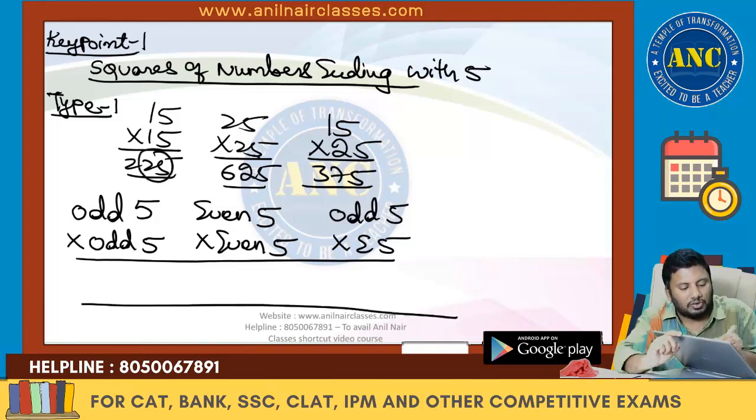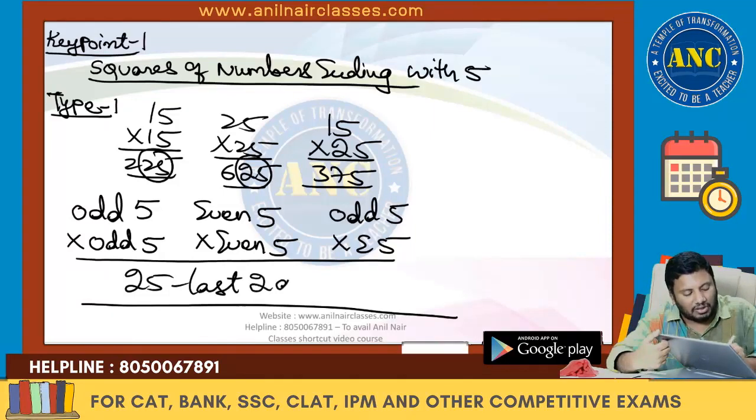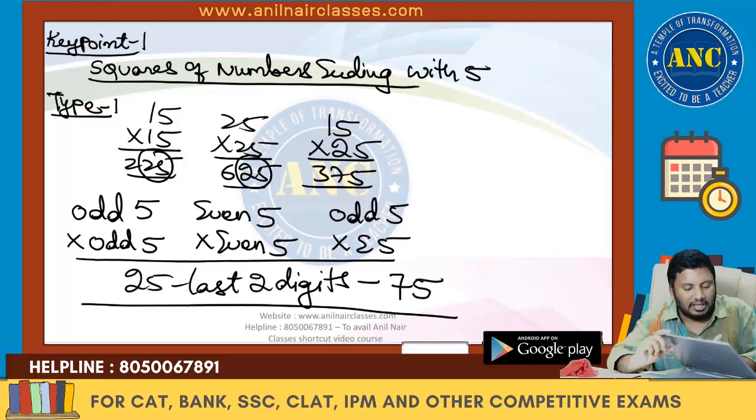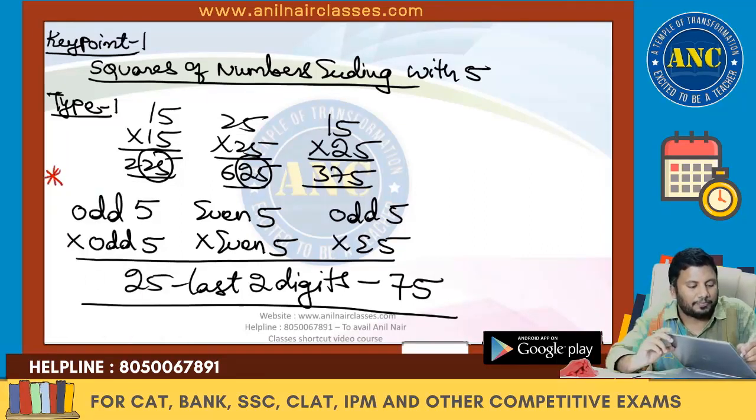In the first two cases, what are the last two digits? Last two digits is 25. When you multiply two odd numbers ending with 5 or two even numbers ending with 5, the last two digits are 25, else it is 75. Please write down this concept.